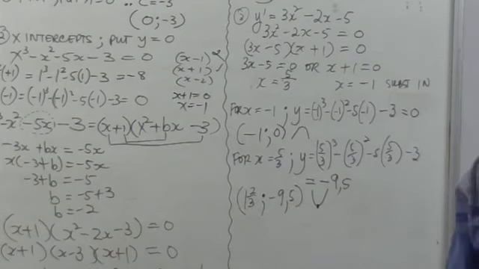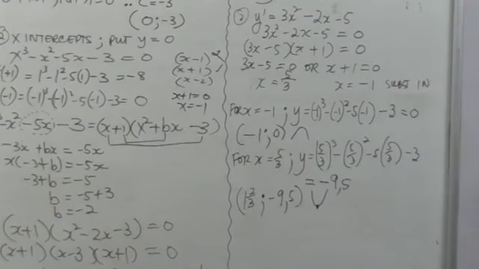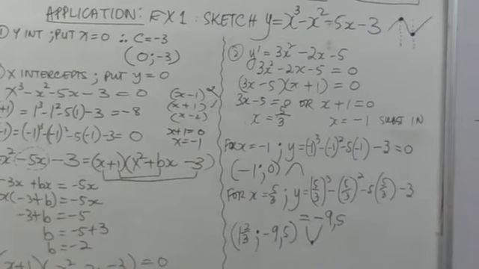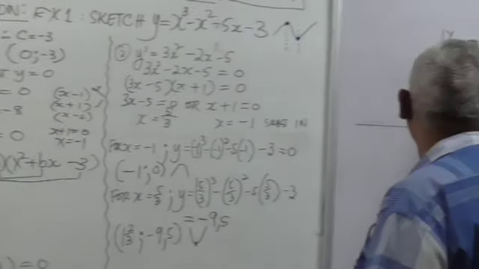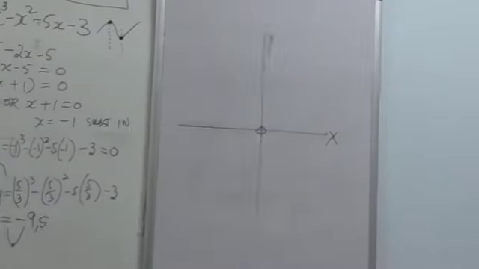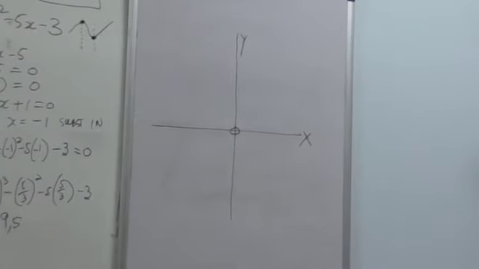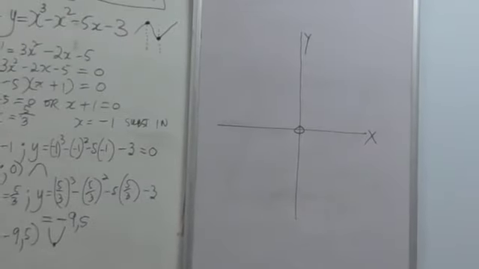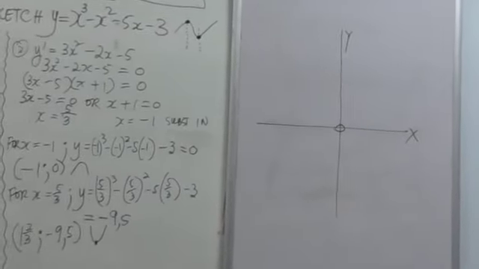Right, so let's see. I'm going to draw the graph here. So let's just get ready to draw the graph. Okay, so what I'm going to do, it doesn't matter, you've got this on a page somewhere in front of you.